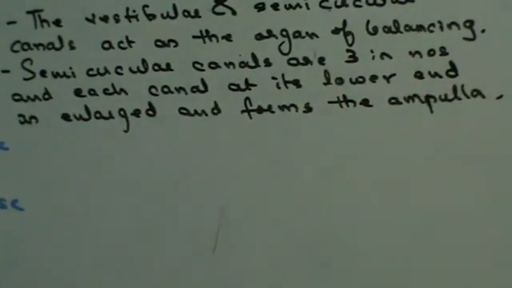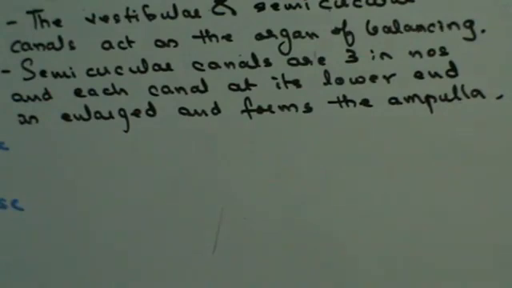We've seen this when we did the structure of the ear: each of the three semicircular canals has a lower end that is amplified, called the ampulla.